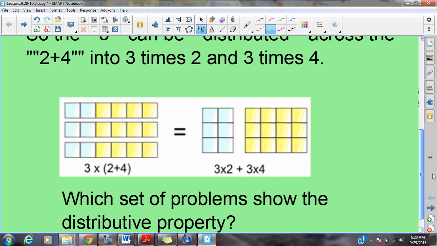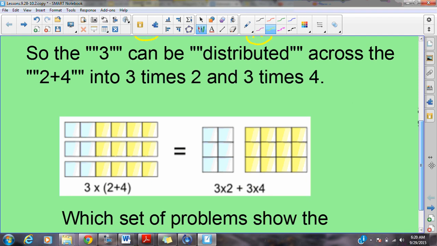Down here, we see our equations again below pictures. This one says 3 times 2 plus 4. Where does 3 come from? If we look here, we can see that we have 3 rows. So that's where the 3 comes from.